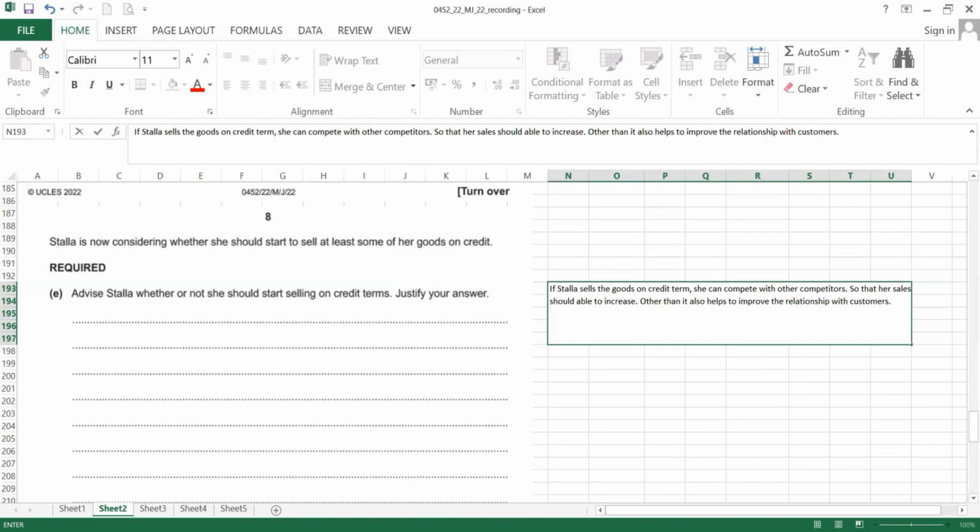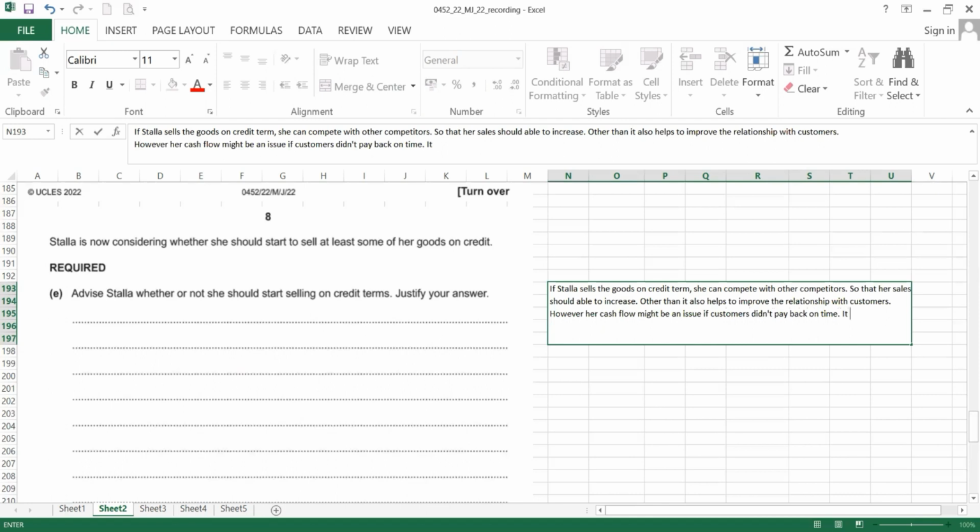However, the cash flow might be an issue if customers don't pay back on time.